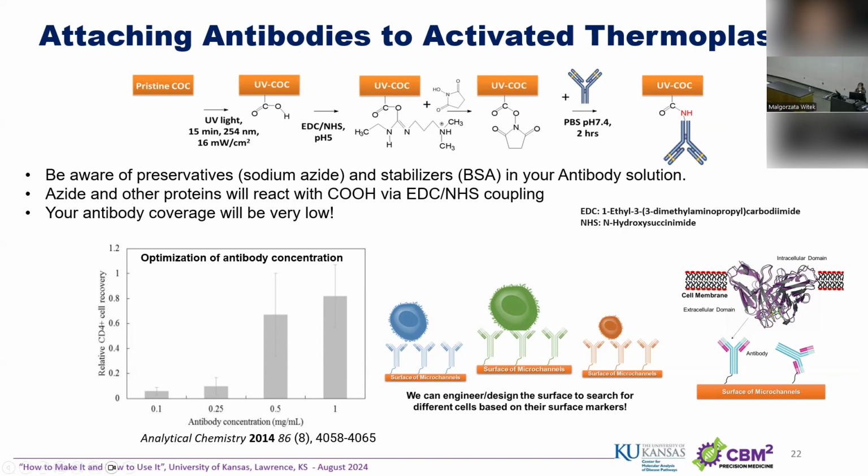And by changing that antibody, you can design an assay for different types of cells, for rare cells or not rare cells, but you can isolate them in an elegant format.